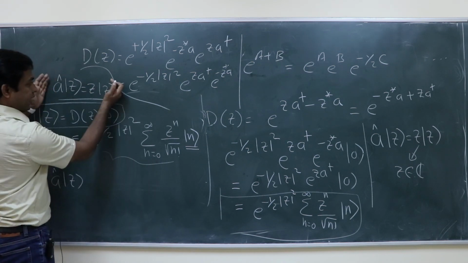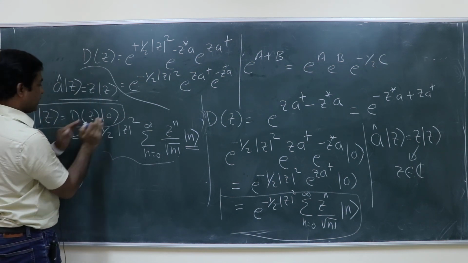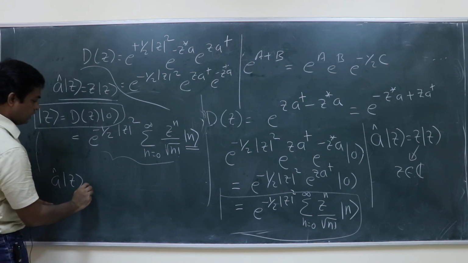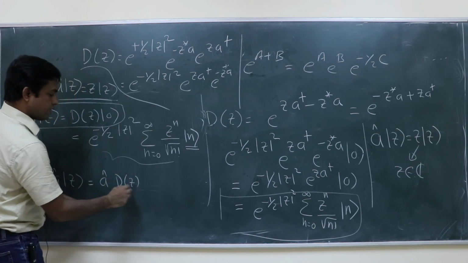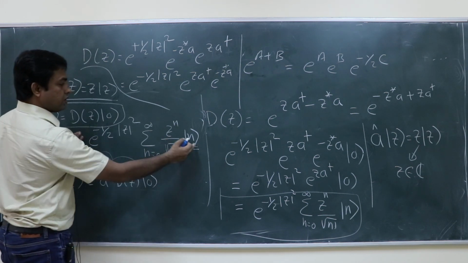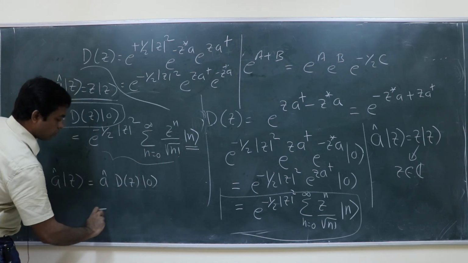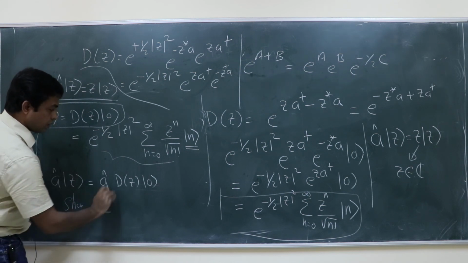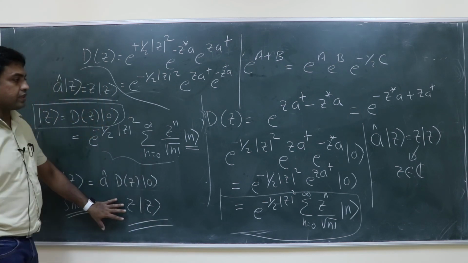If you take it as a definition, no issue, but from this definition D of z acting on ket 0 equal to ket z, A acting on ket z is equal to A acting on D of z acting on ket 0. Then on the right hand side also you act A. Show that this is equal to z into ket z. So you take this as an exercise.